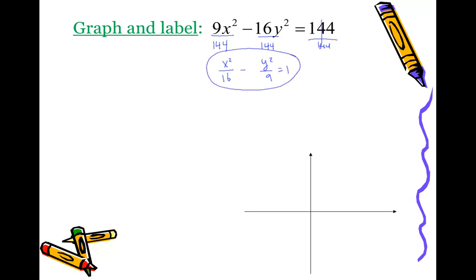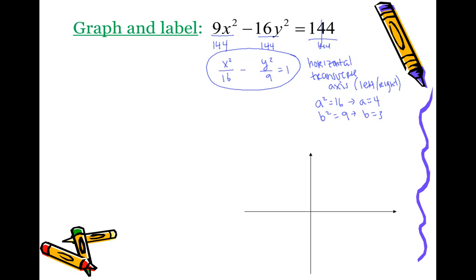This is going to have a horizontal transverse axis, so it's going to open left and right. I know that because my x is positive. A squared is 16, so A is 4. B squared is 9, so B is 3. The center is at 0, 0.